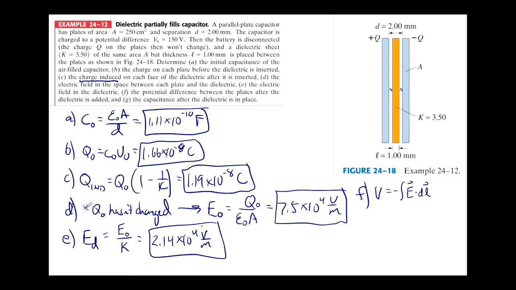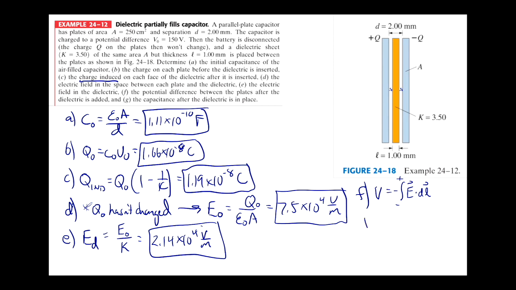Let's say it's from the right plate to the left, so from negative to positive. That means my dl vector is going to be pointing to the left, but at least one of the electric fields is pointing to the right, which means I'm going to end up canceling out that negative sign.